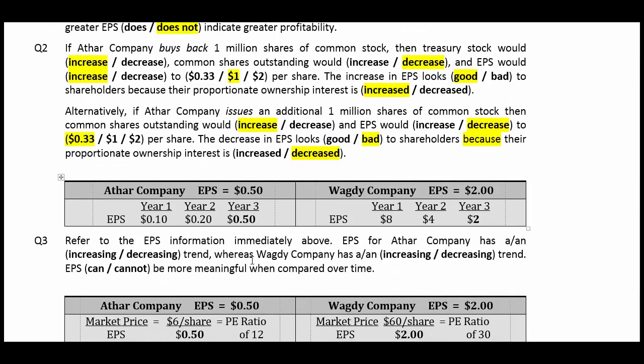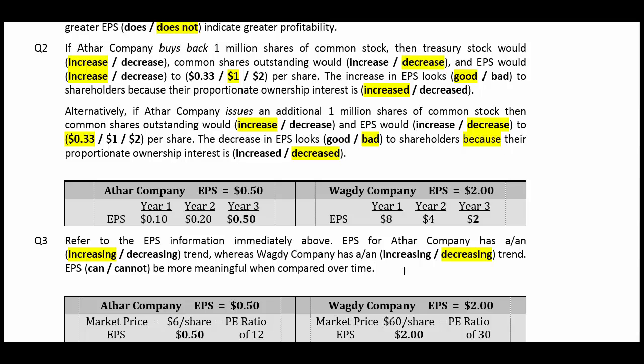So now let's look at the trends here. Atar's earnings per share is going up every year. Different situation. 10 cents to 20 cents to 50 cents. Wagdi's earnings per share is going down every year. 8 to 4 to 2. EPS for Atar company has an increasing trend, while Wagdi company has a decreasing trend.